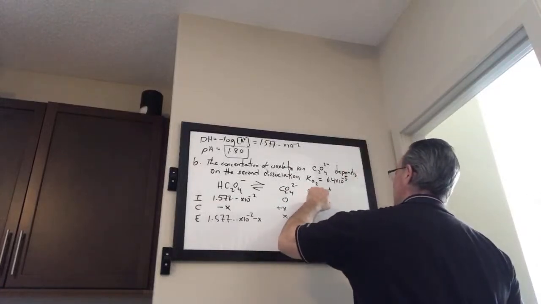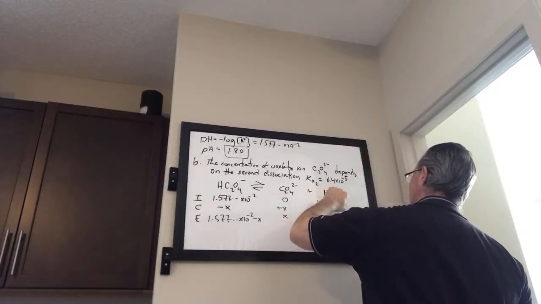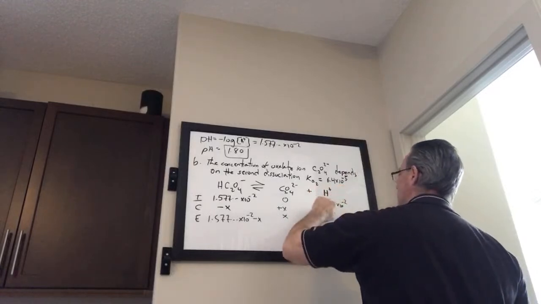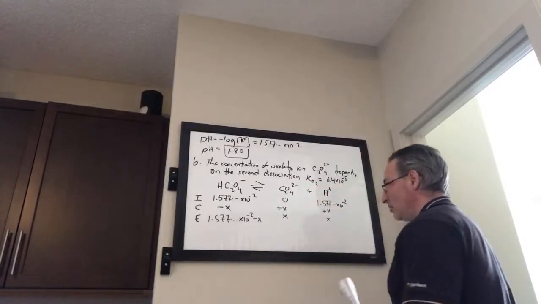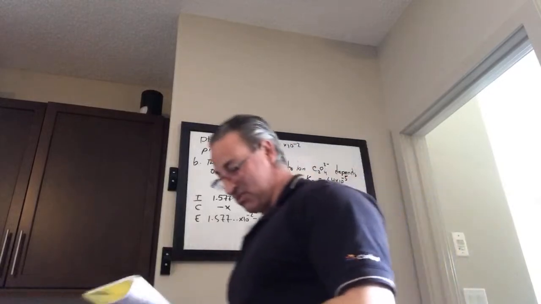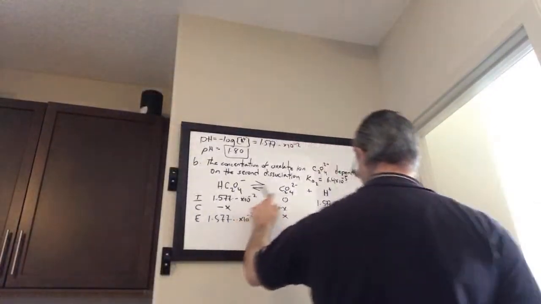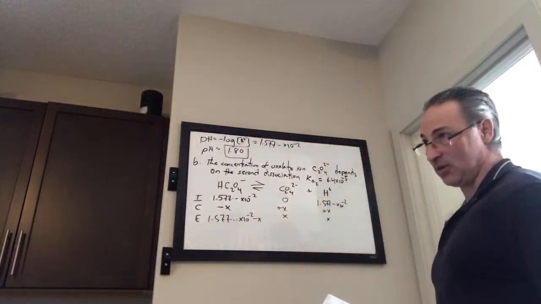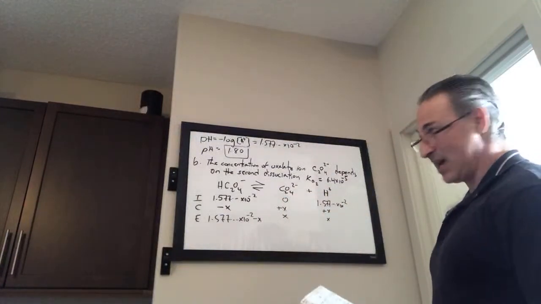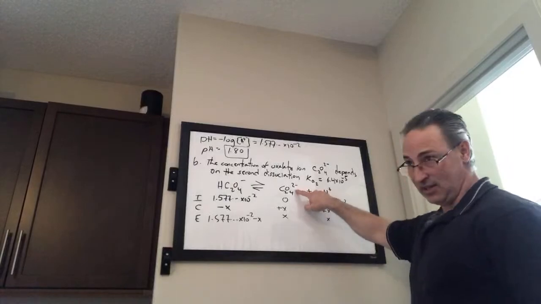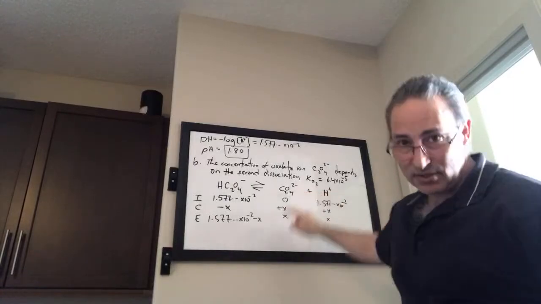The H+ starts off also at 1.577, etc., times 10 to the minus 2, plus a tiny bit more appears because of the second dissociation, but it's entirely negligible because the value of Ka sub 2 is about 1,000 times smaller than Ka sub 1. But what we're asked for here is the oxalate anion concentration.